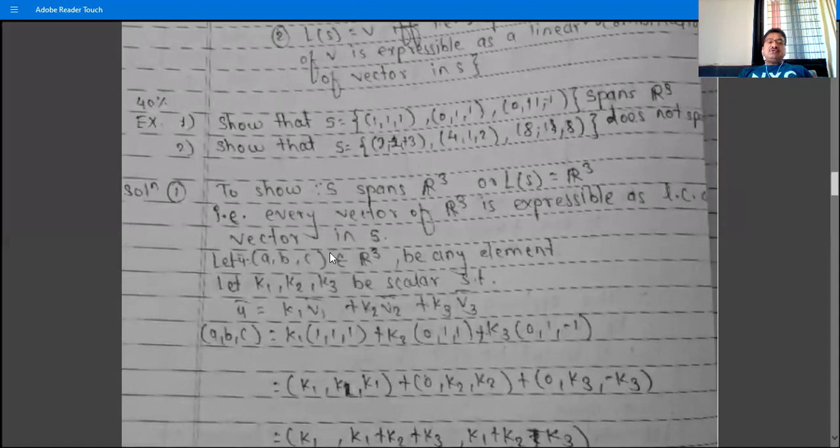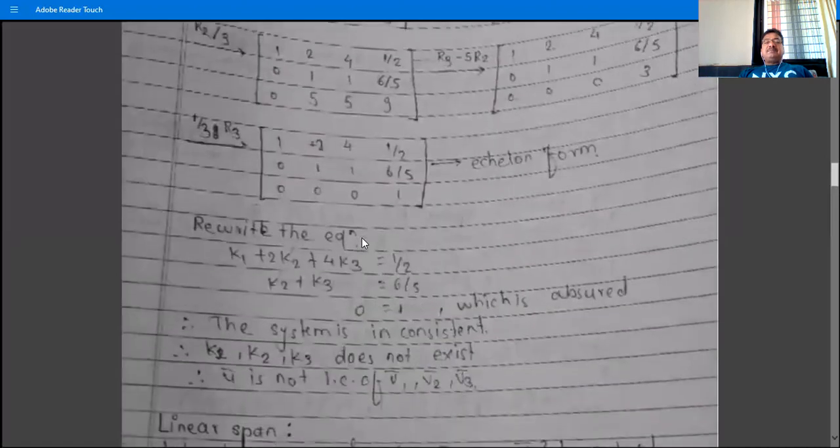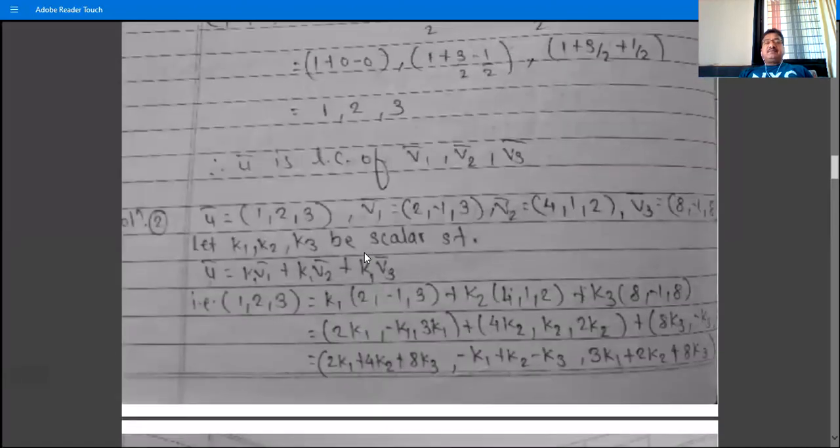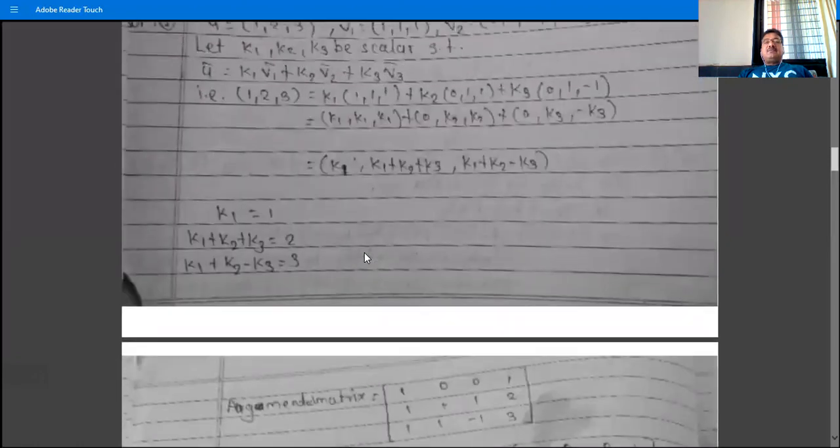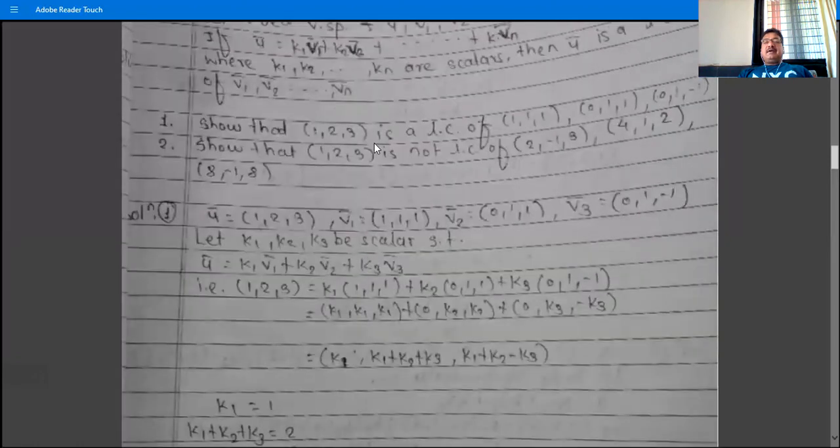Now we have to show this (a, b, c) is expressed as a linear combination of these three elements. The previous topic was the linear combination, so we know the procedure to express an element as a linear combination of these three elements. So if I have to express this element as a linear combination of these three elements, then what is the procedure?